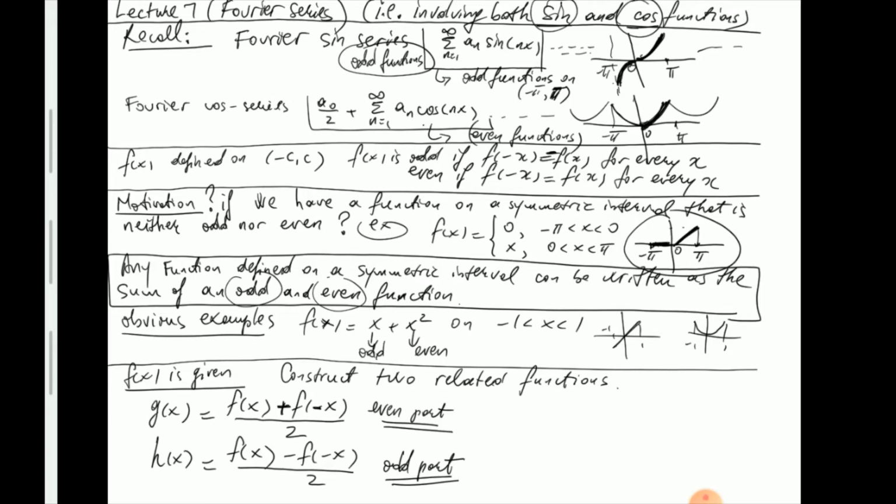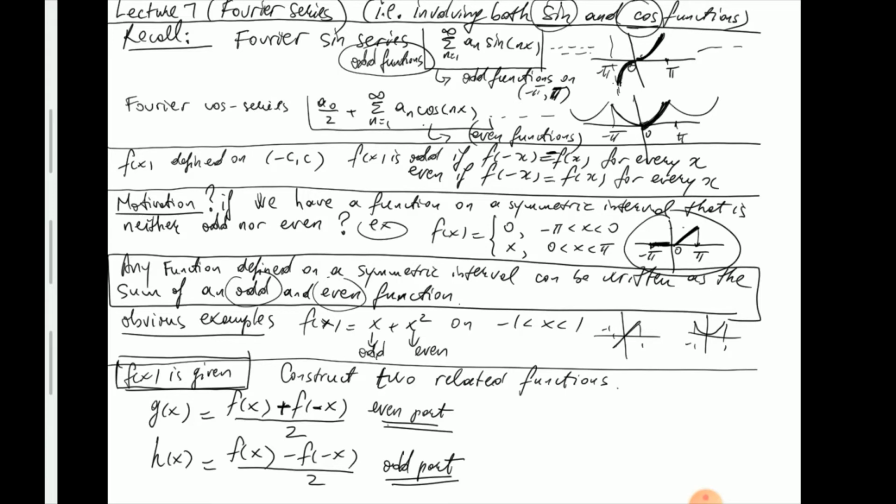All right, take a moment if you want to pause and catch up. Write this down. Then we're going to quickly show, and I think I'll have room on this page before I move on with an actual example, that they satisfy the conditions. Remember, what I want is an even function and an odd function such that the sum of the two gives me the original function, where f of x is the given function. I'm going to check that g of x is even and h of x is odd.